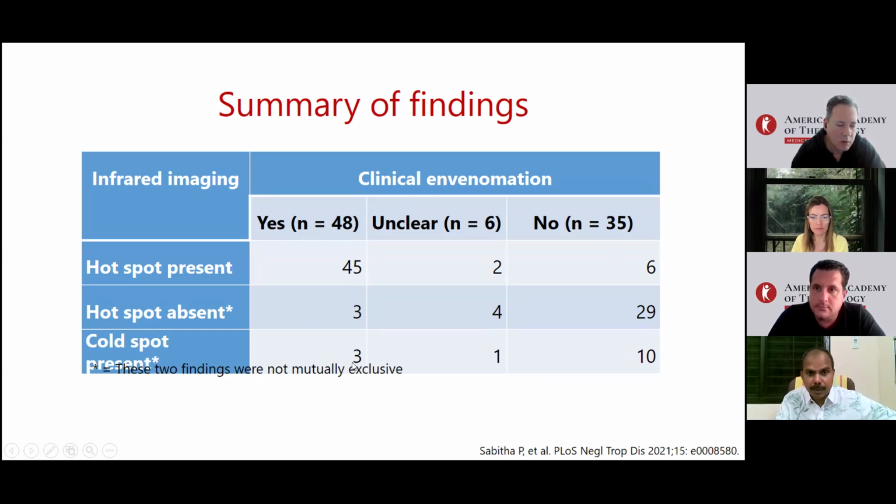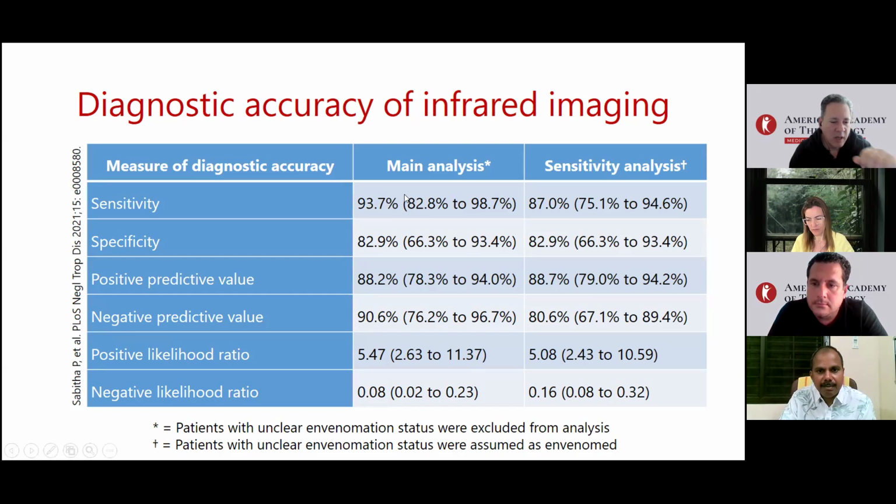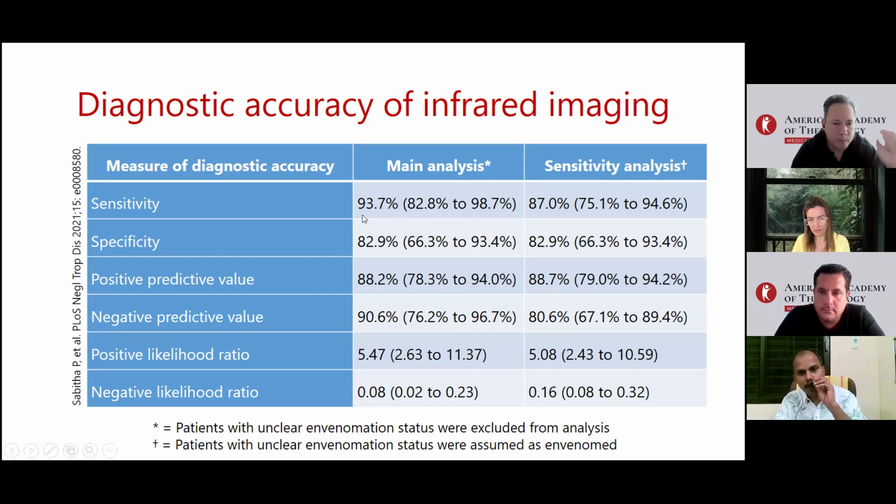So if we calculate the sensitivity and specificity of infrared imaging, finding a hot spot at the time of presentation has a very good sensitivity to pick up clinical envenomation and a reasonable specificity.